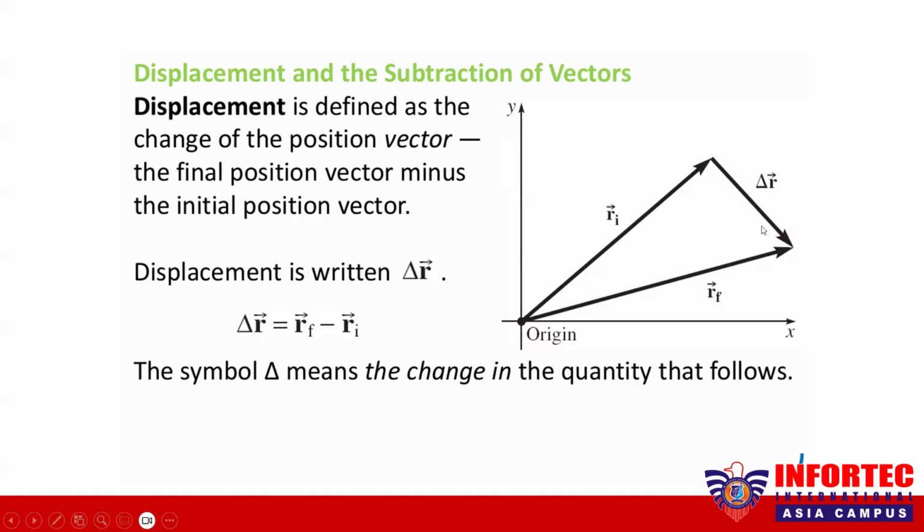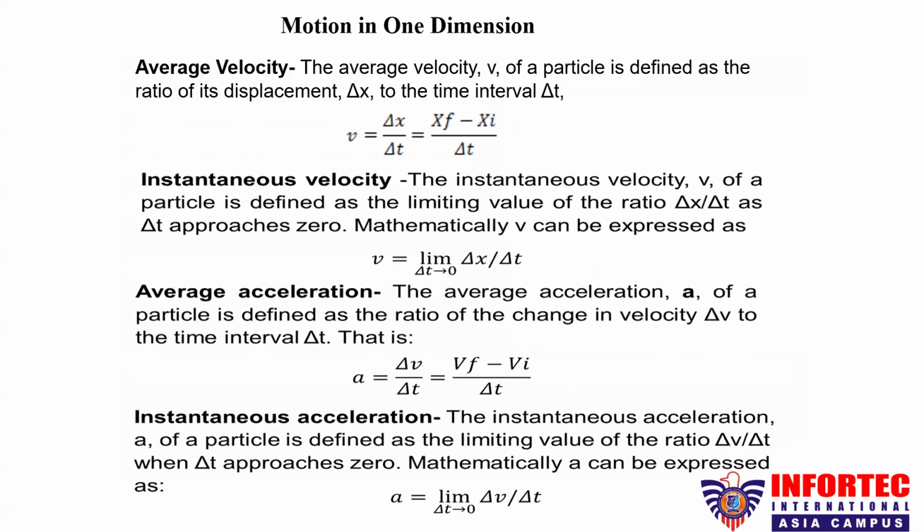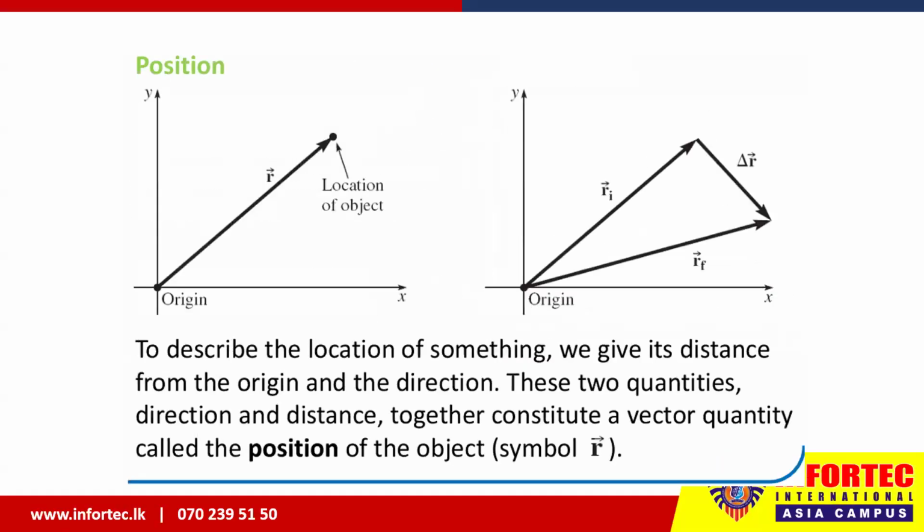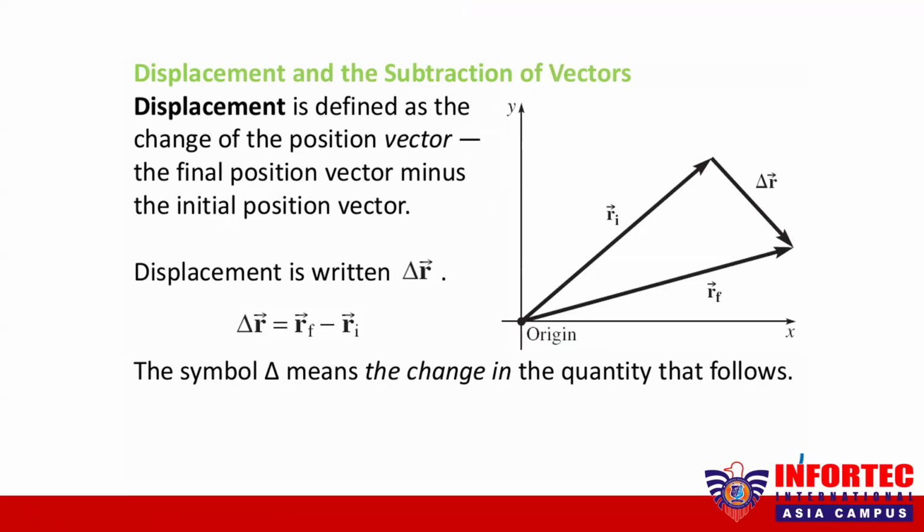Delta r, the displacement of the object, is rf minus ri, vector subtraction, right? Delta r represents the change in the quantity. Then you have the idea about position and displacement.